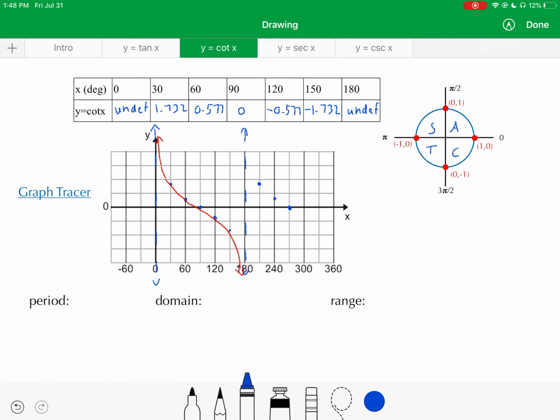Then we move into the fourth quadrant where we should be negative. At 300, we're at negative 0.577. At 330, we're at negative 1.732. And then at 360, another asymptote.